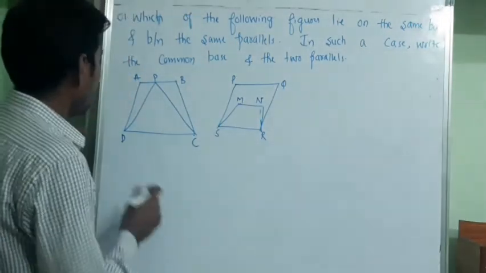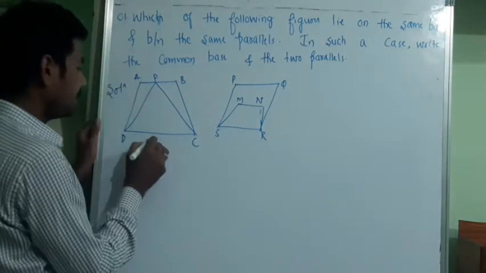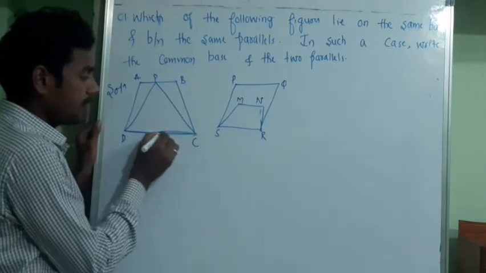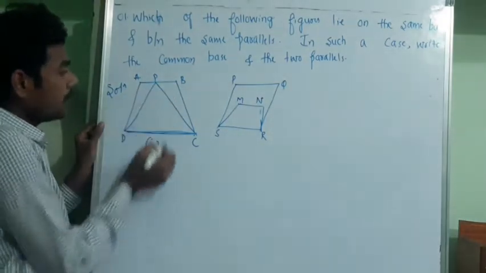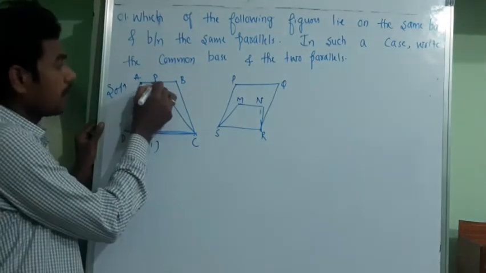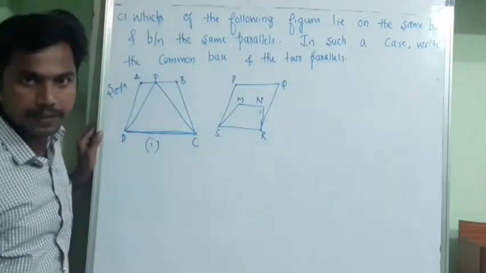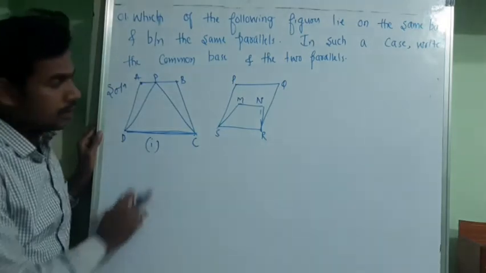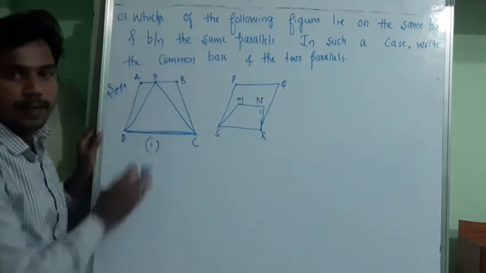See, here in the first figure, DC is the base, and the vertices opposite to DC are A, P and B. This line is parallel to DC, yes, these two lines are parallel, and they are lying on the same line.